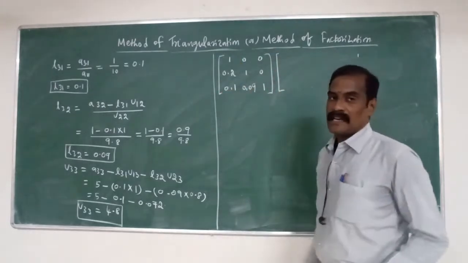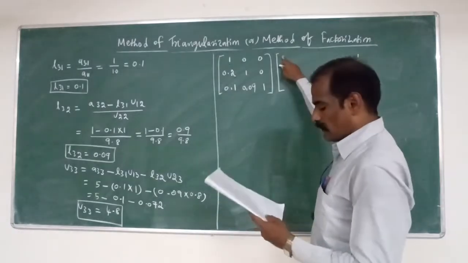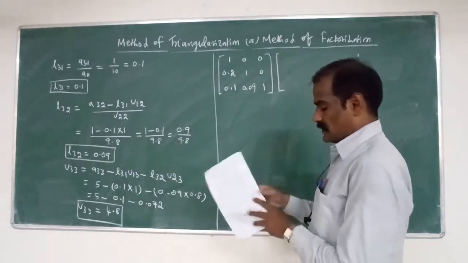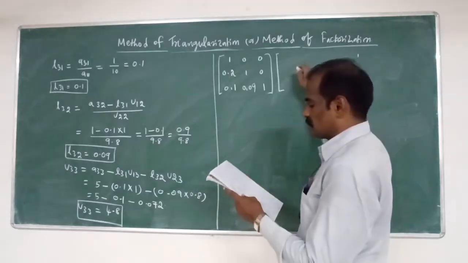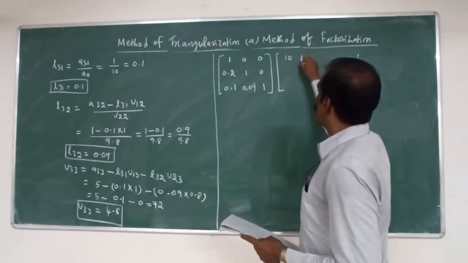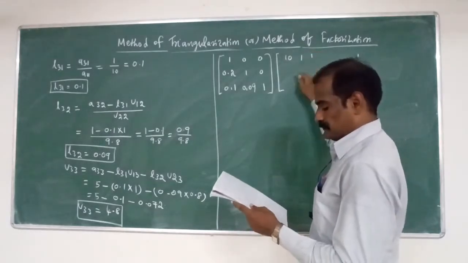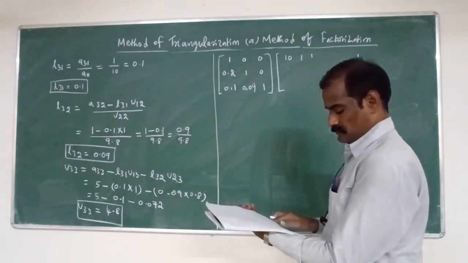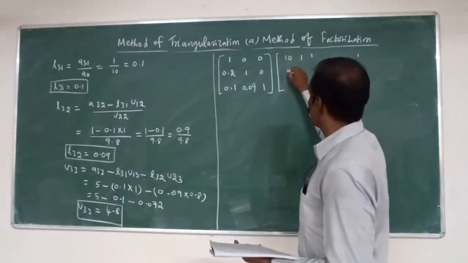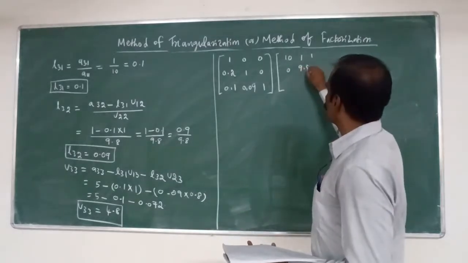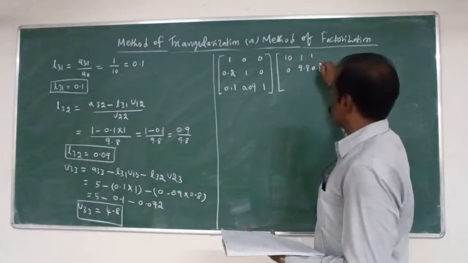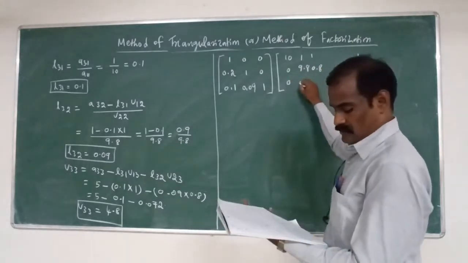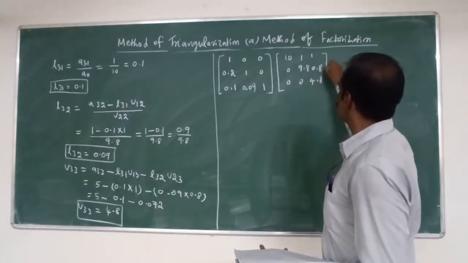Here U11 value 10, 1, 1, and then 0, 9.8, 0.8, 0, 0, 4.8.